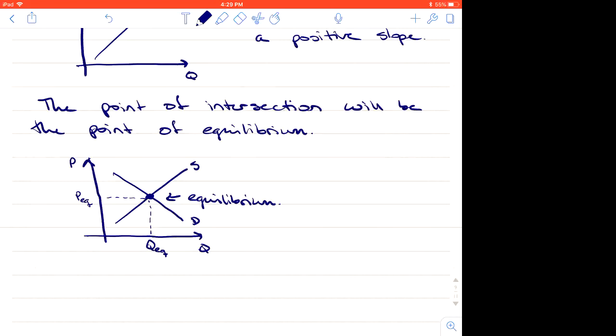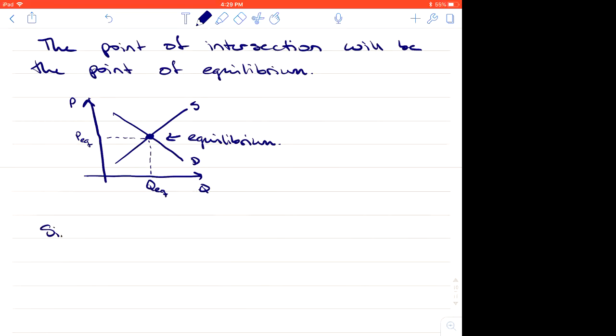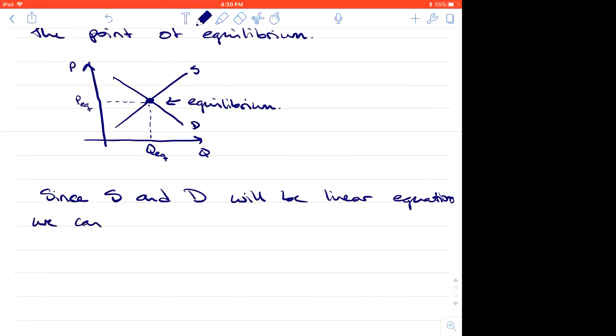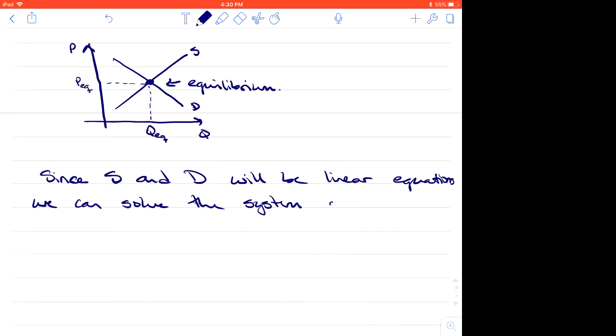Since S and D, the supply and demand curves, will be linear equations, we can solve the system of equations to find the point of equilibrium.